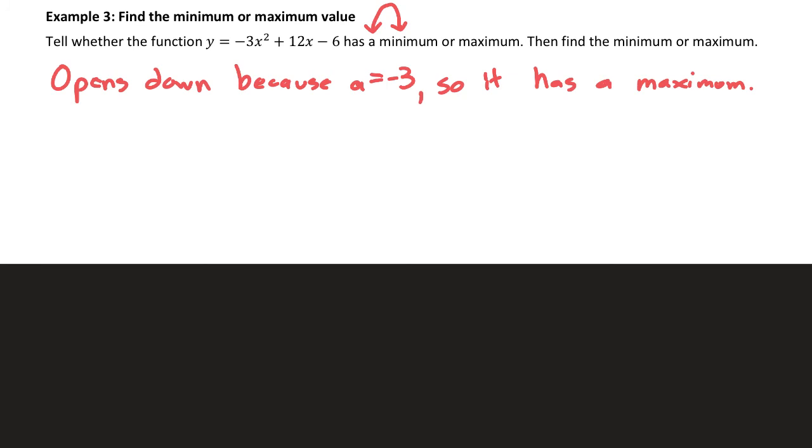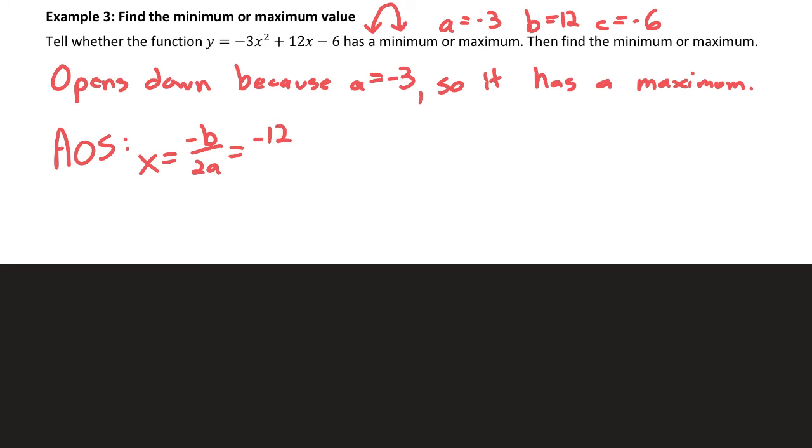The way we find that maximum value is we first find our axis of symmetry. So again, that exercise of saying a is negative 3, b is 12, and c is negative 6, that might help because our axis of symmetry is still that negative b over 2a, which equals negative 12 over 2 times negative 3, which is negative 12 over negative 6, which is really 2.